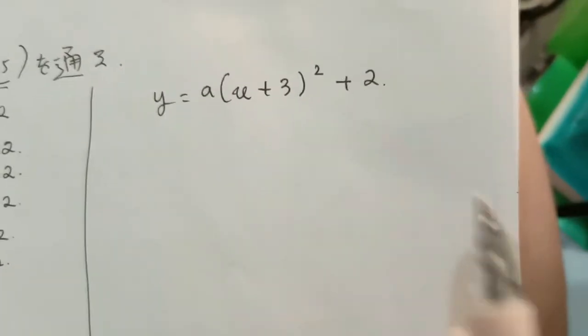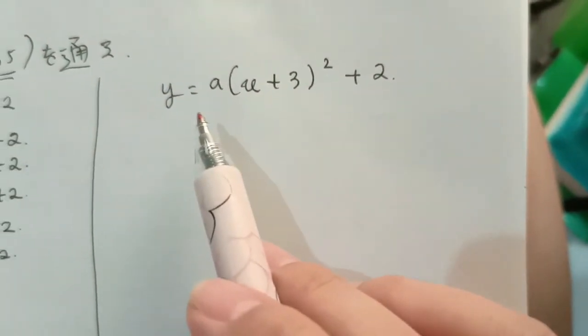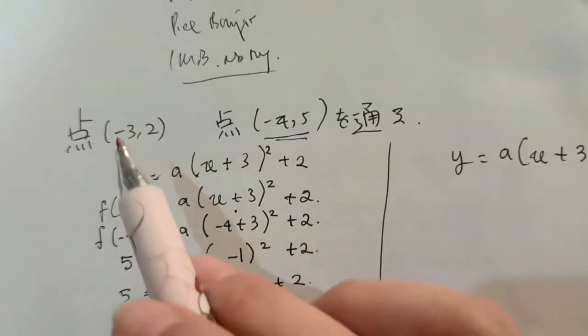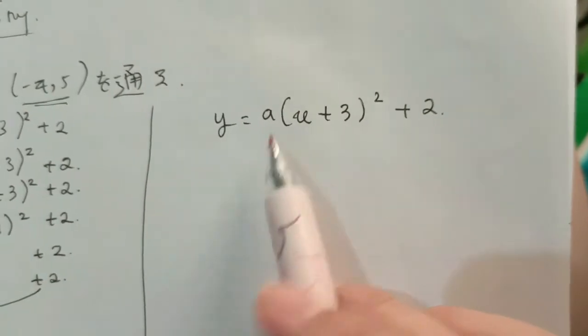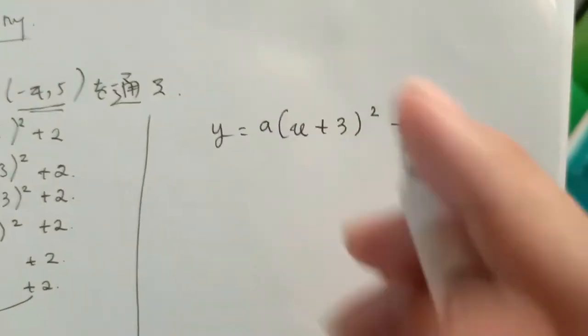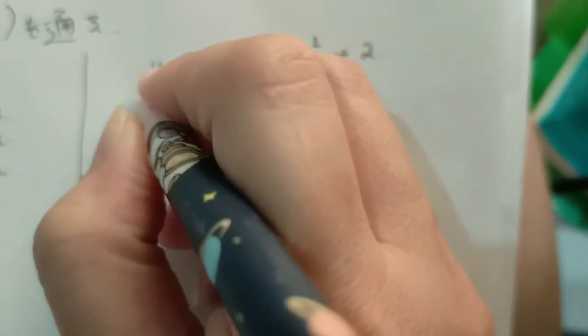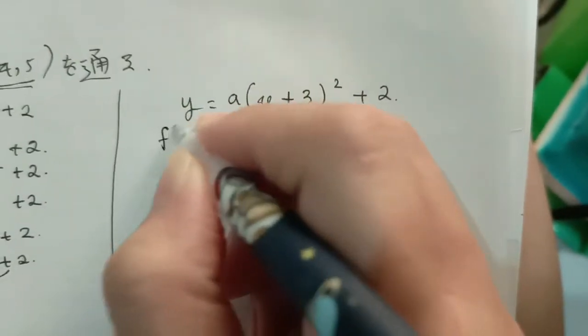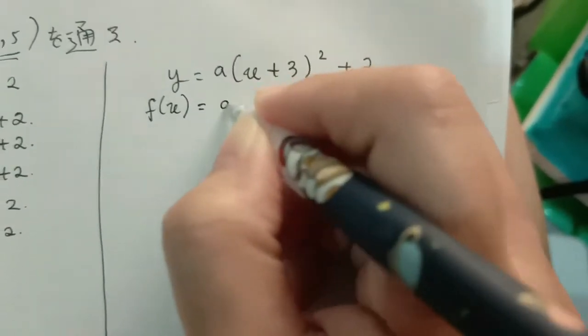Now let's try if you are using the vertex over here, this -3, 2, to find the a. Can we use that? Now we are going to change the y into f(x) equal to a.